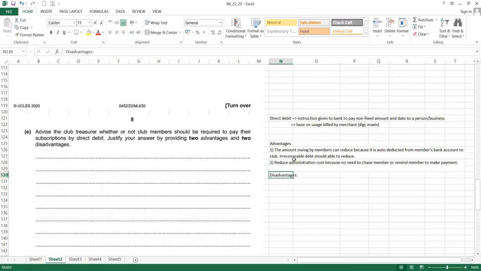Now, other than that, here they say two disadvantages. If you want all the members to use direct debit, maybe some people don't have online banking. They don't have online banking, so how? They can only use cash to pay you.